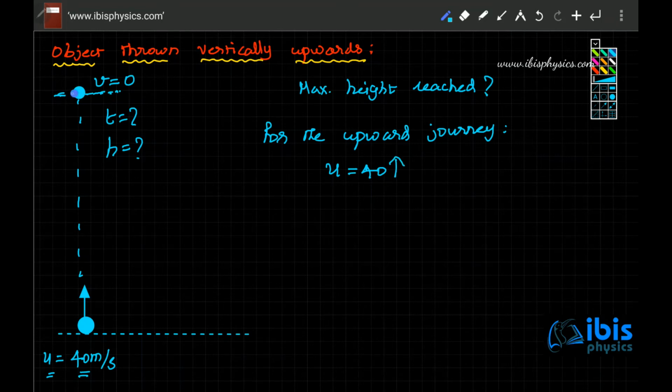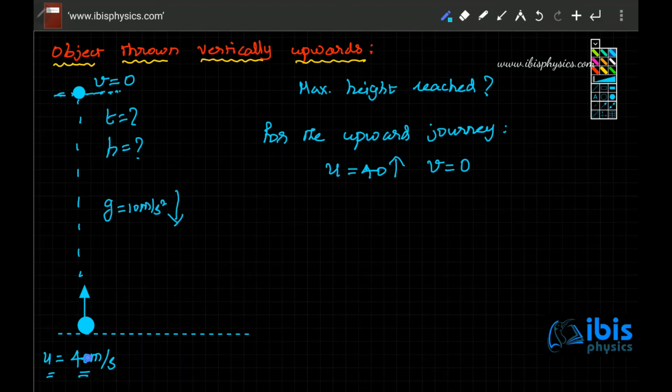At the highest point the upward journey ends, so what velocity it has there is the final velocity, which is 0. But who has reduced its velocity from 40 to 0? Because gravity, 10 meter per second square, is acting downwards.